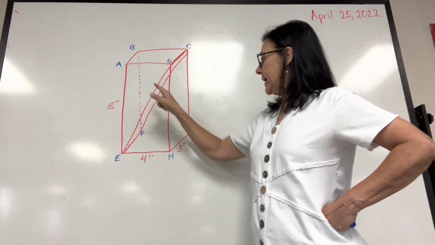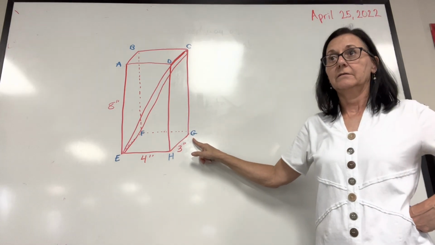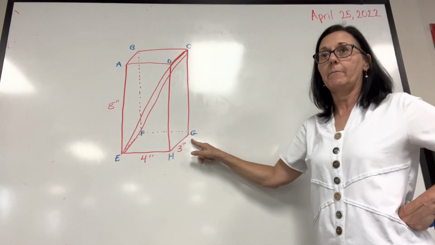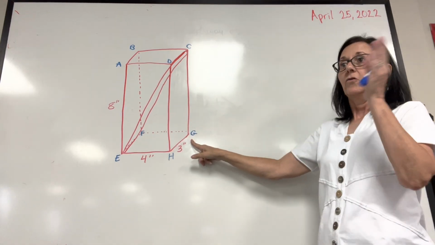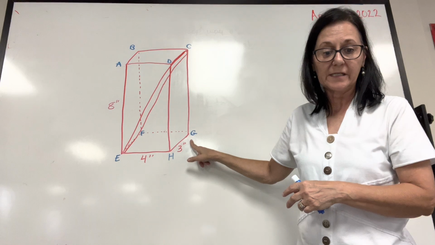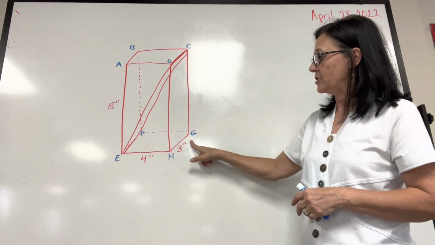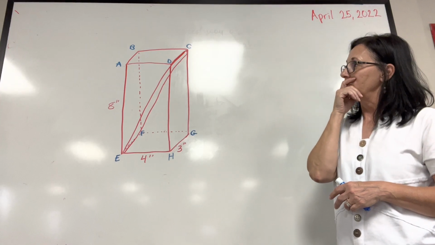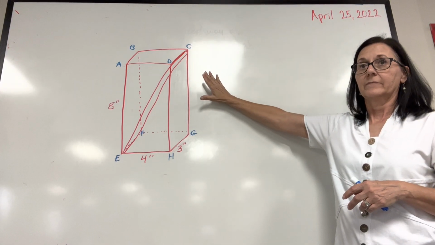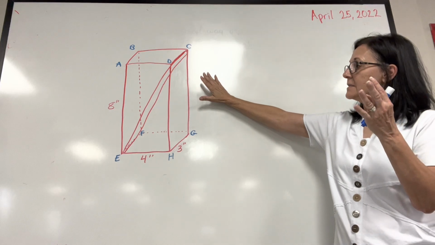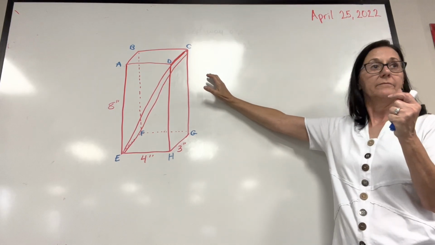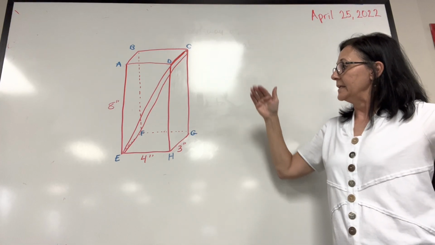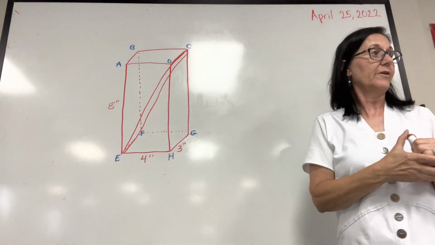It's more like A and G. A is in the top left, G is in the bottom back right. Those are opposite vertices. Another is C and E. Another is B and H, and one more, D and F. Those are all opposite vertices.